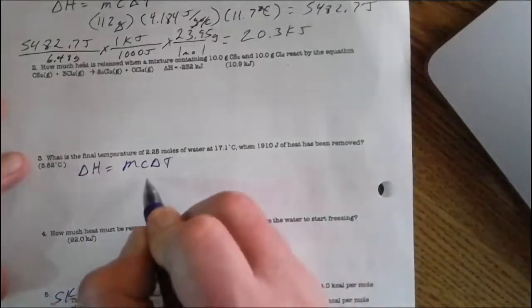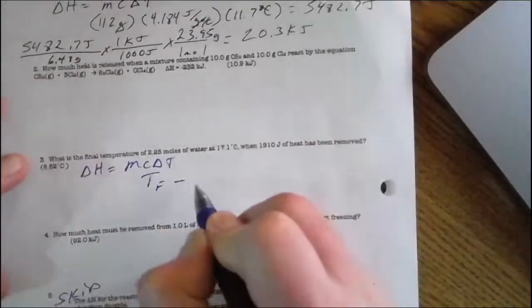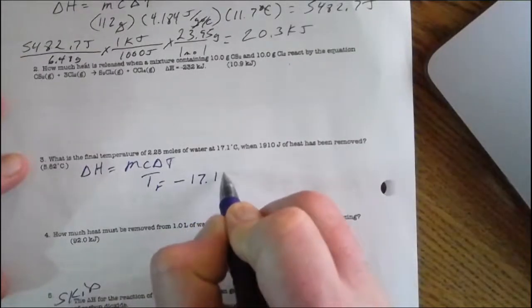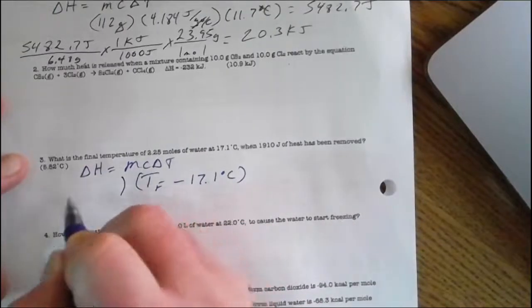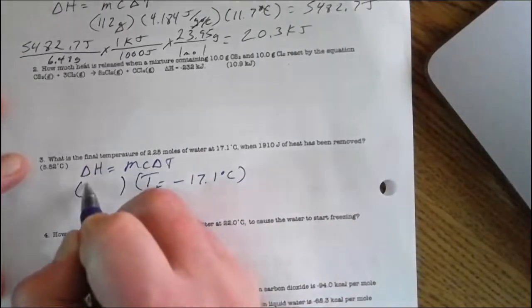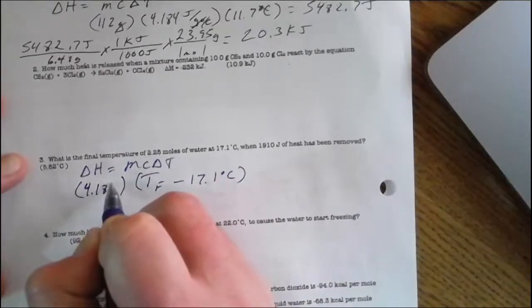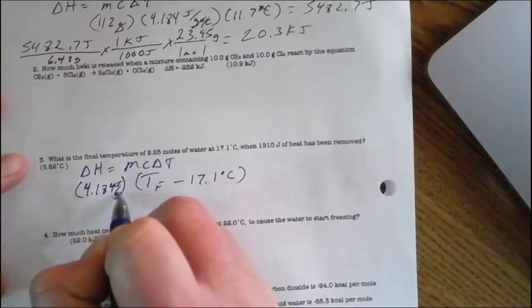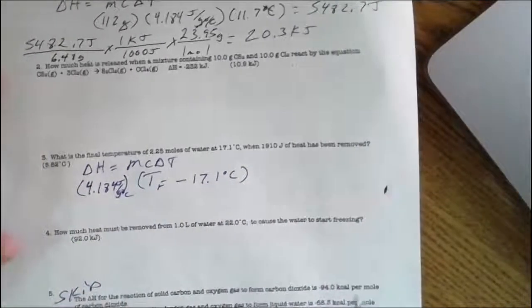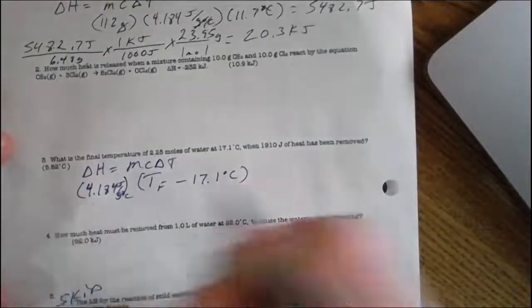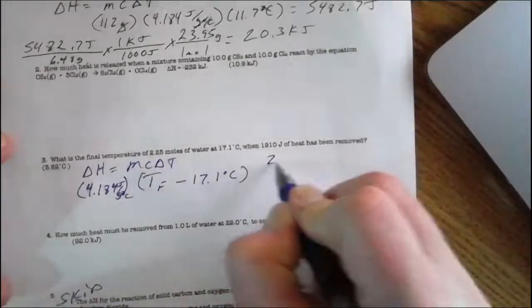Starting temperature. So we actually want T of F minus 17.1 degrees Celsius. What is the C of water? 4.184 joules per gram degrees Celsius. We know the mass here or not yet? We don't know the mass here. So we need to find the mass.